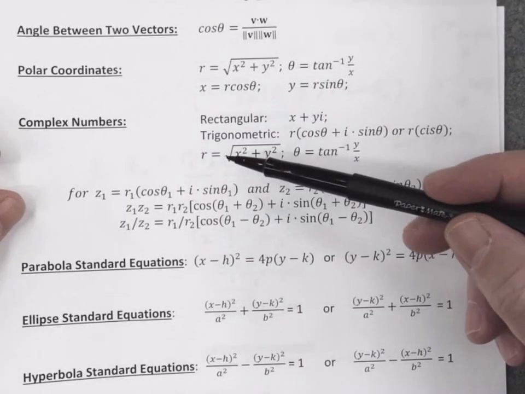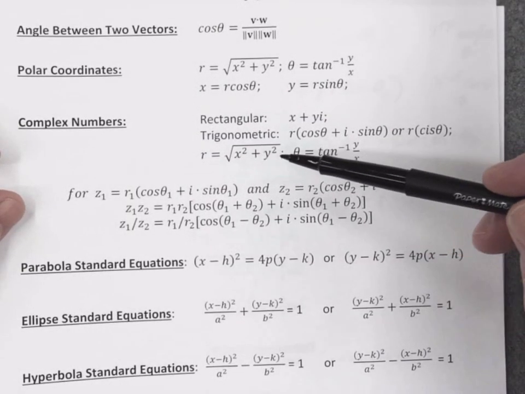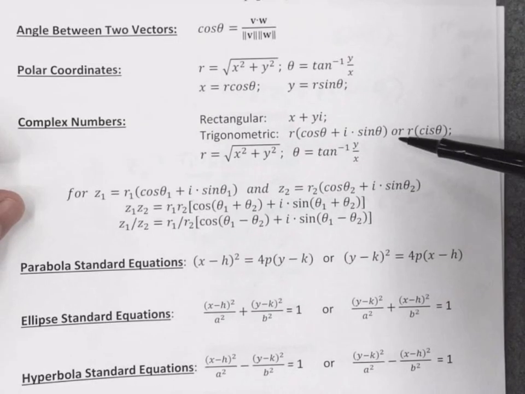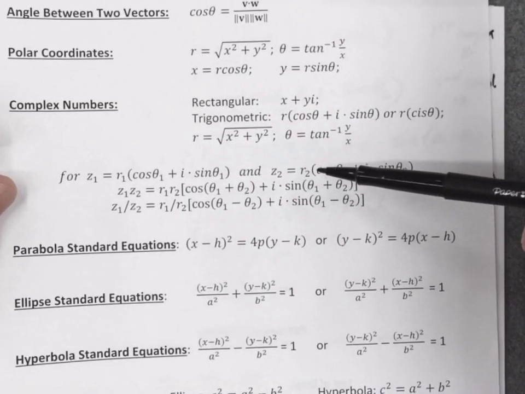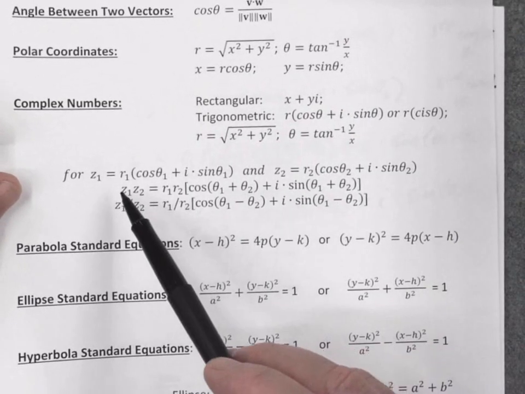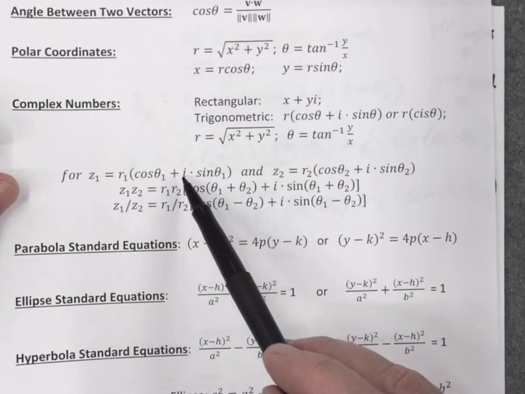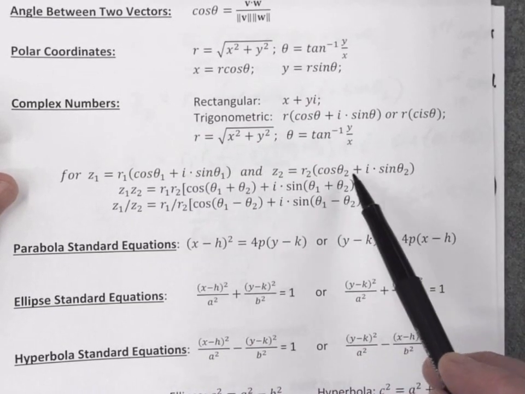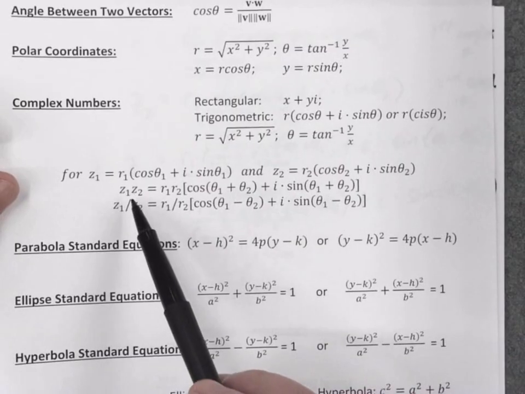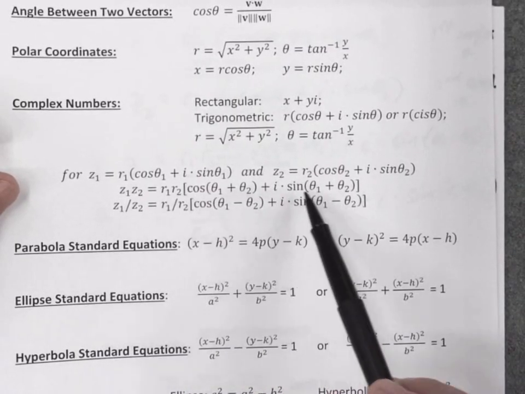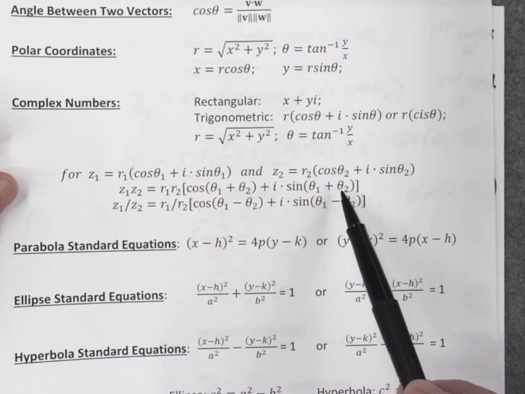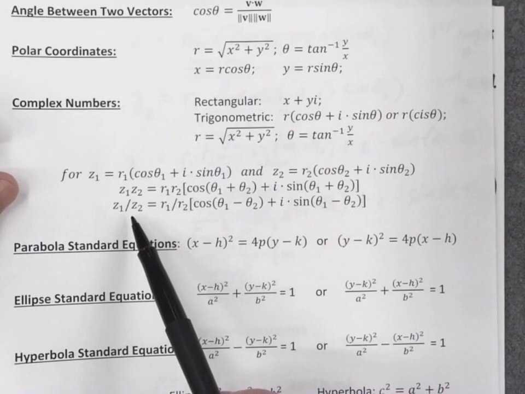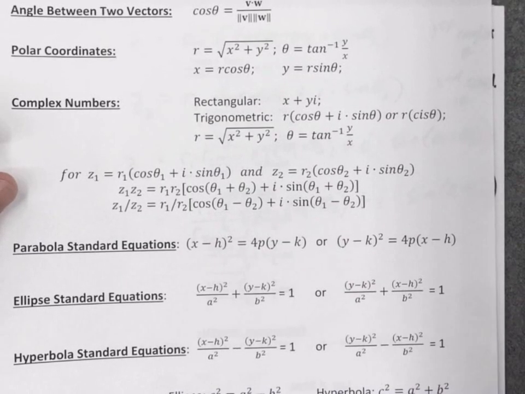So how do you get r? There's the formula for r. And here's how you get theta. So what I just discussed is, if you have two complex numbers written in trigonometric form, if you multiply them, this is the formula. If you divide them, this becomes the formula.